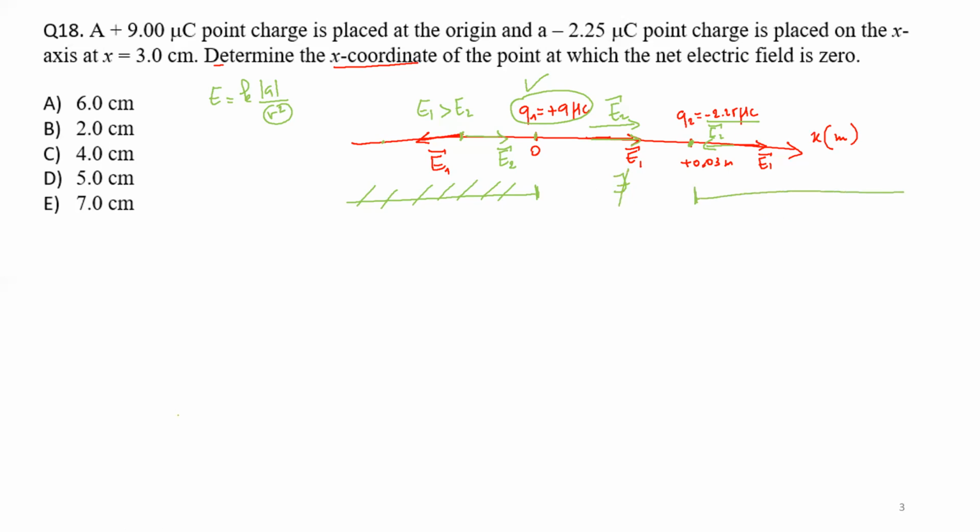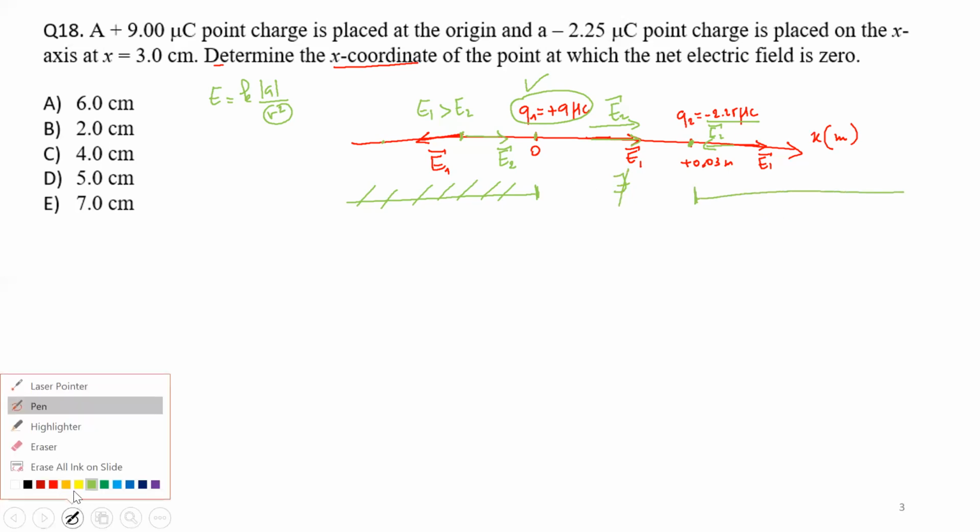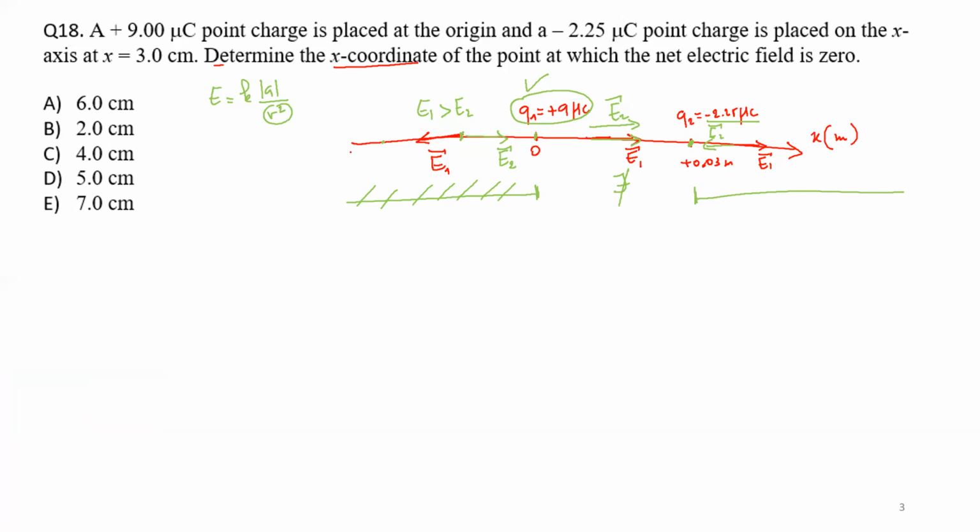Now let's solve it. That was just the physics of the problem. Now, if you want to solve the problem, let's go. The net electric field at O should be equal to the electric field due to charge 1 at O plus the electric field due to charge 2 at O, and this should be equal to 0.